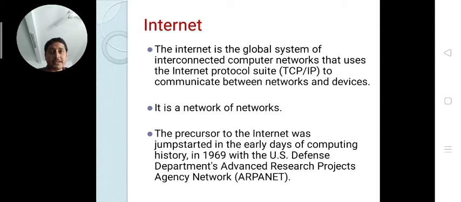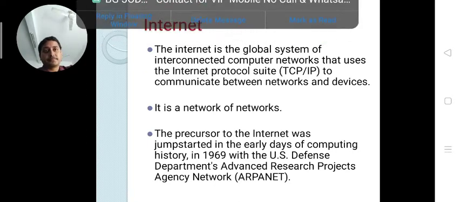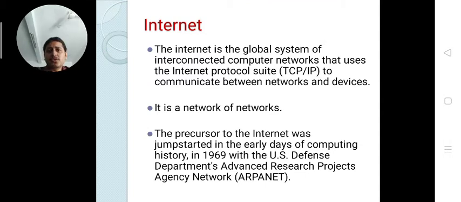But every term has its technical definition, so we also have the definition of the internet in technical terms. The internet is a global system of interconnected computer networks that uses the internet protocol suite TCP/IP to communicate between networks and devices.